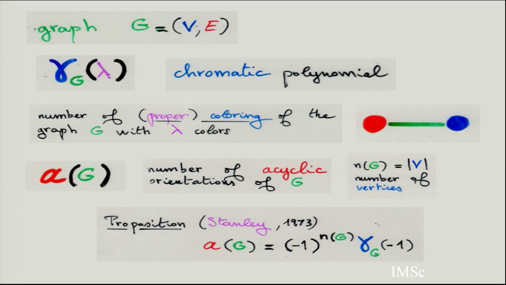And then I have a famous classical theorem by Stanley, more than 40 years ago, in 73. He said that the number of acyclic orientations of the graph is, up to the sign, the value of the chromatic polynomial for lambda equal -1.